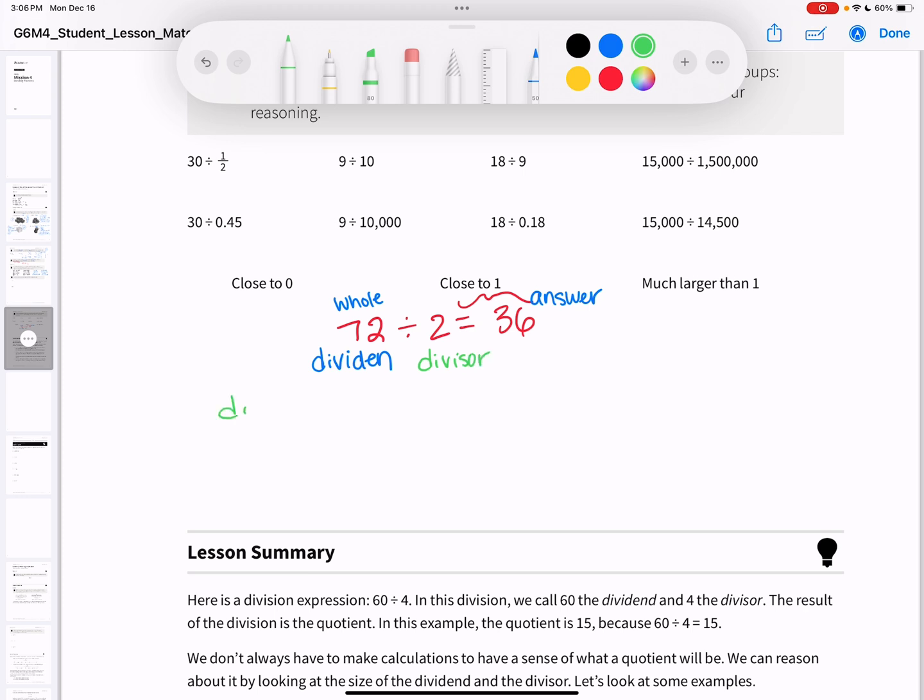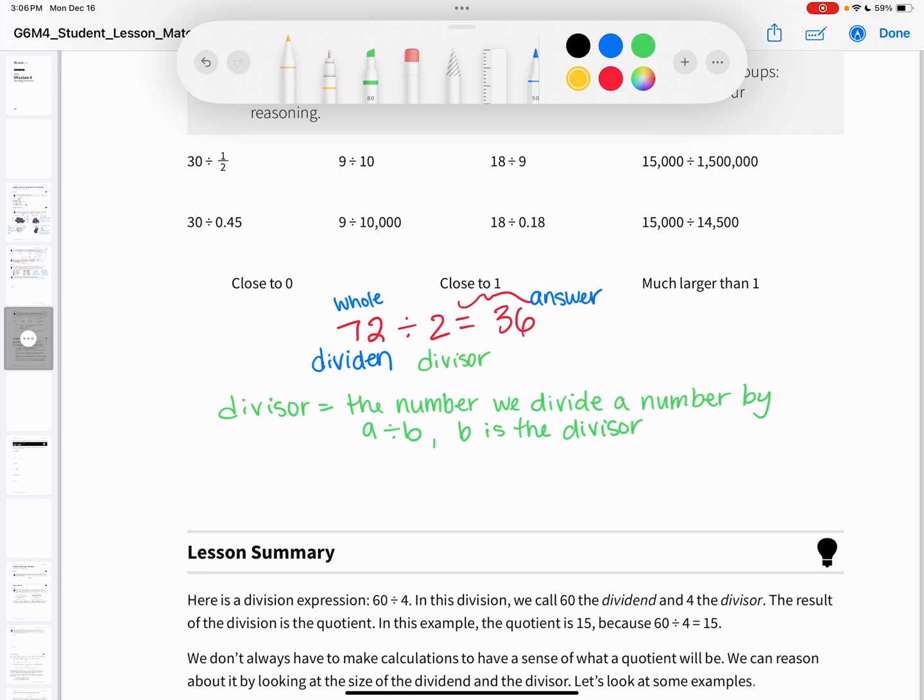Now, a divisor is the number we divide a number by. So if we had A divided by B, B is the divisor.